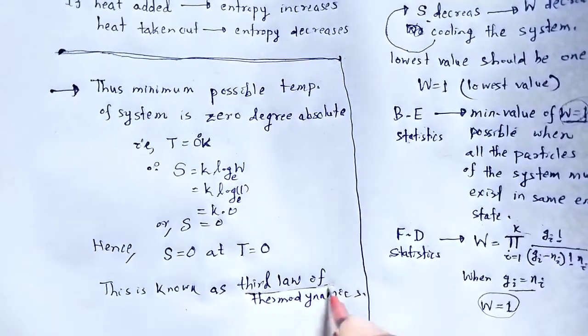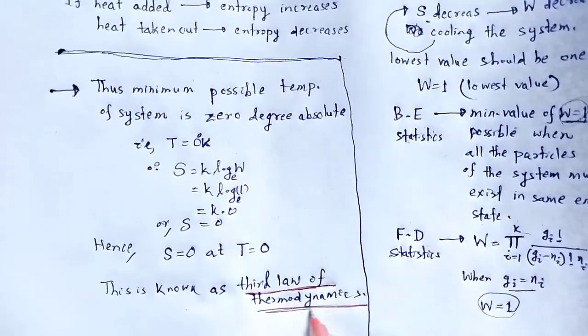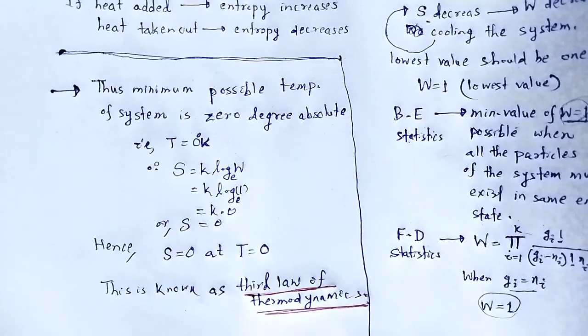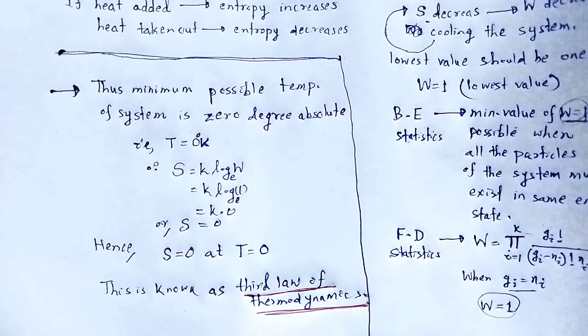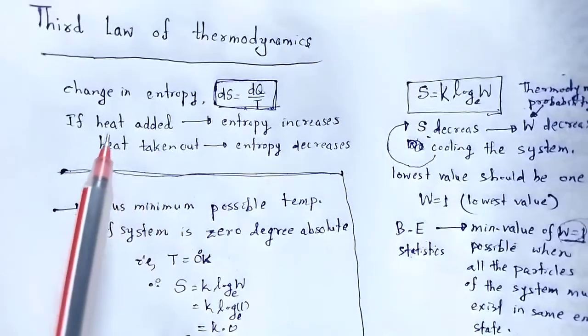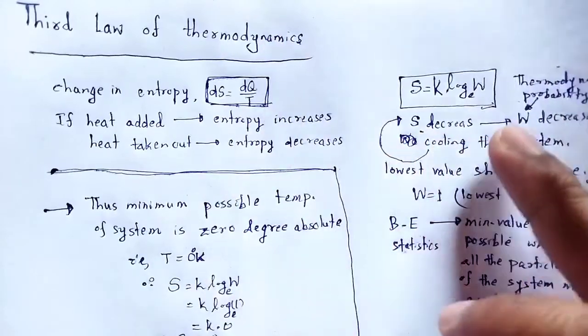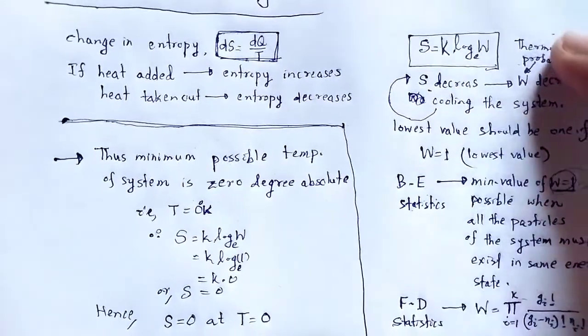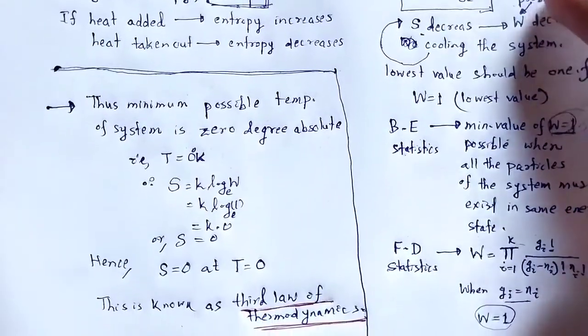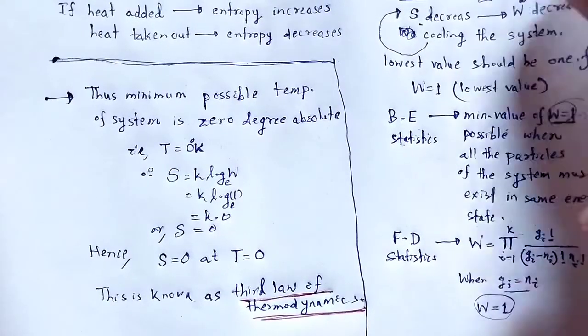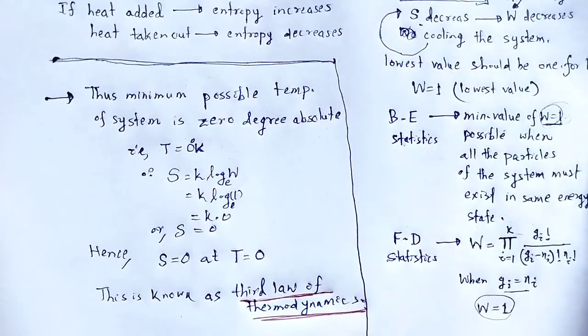At 0 Kelvin, we get the entropy will be 0, which is the third law of thermodynamics. To explain that, we follow the mathematical expressions of entropies, and see how the thermodynamic probability is useful to define the third law of thermodynamics.